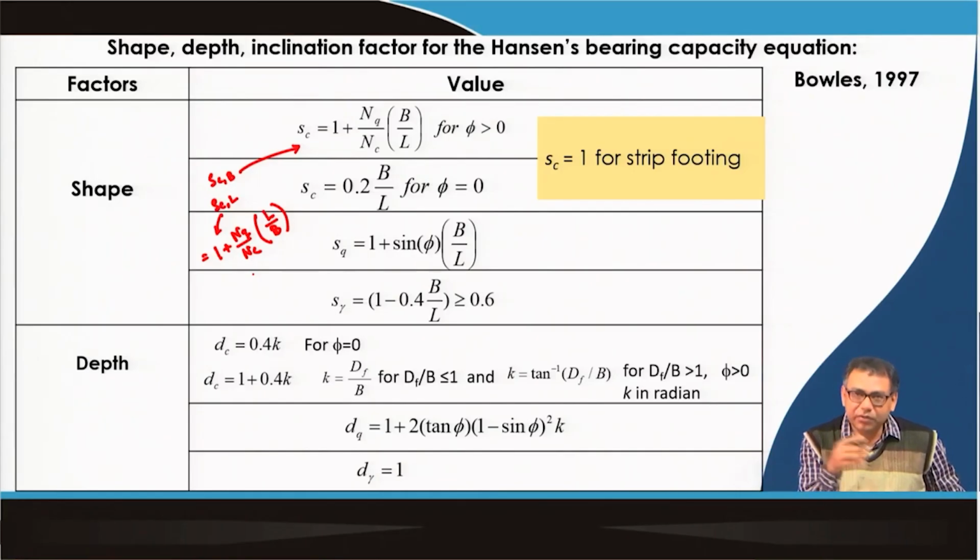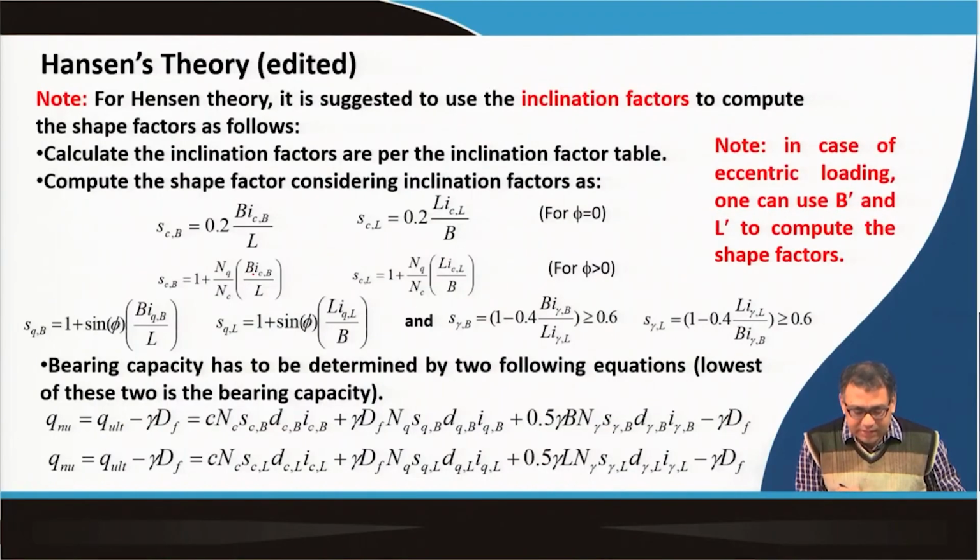In such a case, we have to modify that. First, we have to calculate the inclination factors, then modify these equations. If it is SCB, you multiply this ICB with B. If it is SCL, then this will be L, this will be B, and we multiply with ICL.